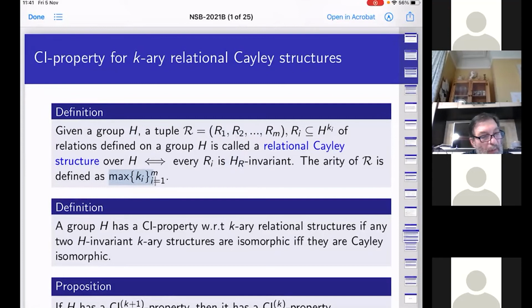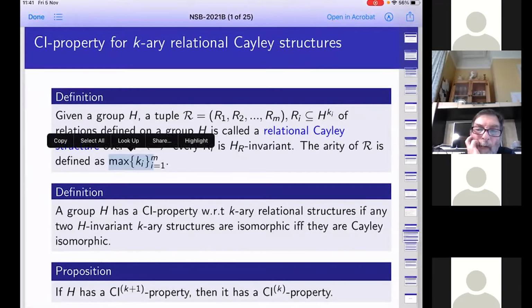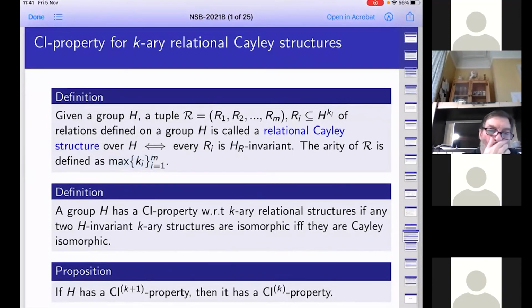And a group has a CI property with respect to K-ary relational structures if and only if two H-invariant structures are isomorphic if and only if they are Cayley isomorphic. Actually, relational Cayley structures and their Cayley isomorphism were introduced by Babai in 76.